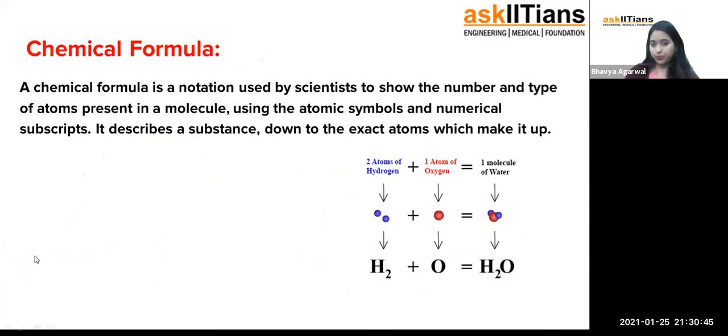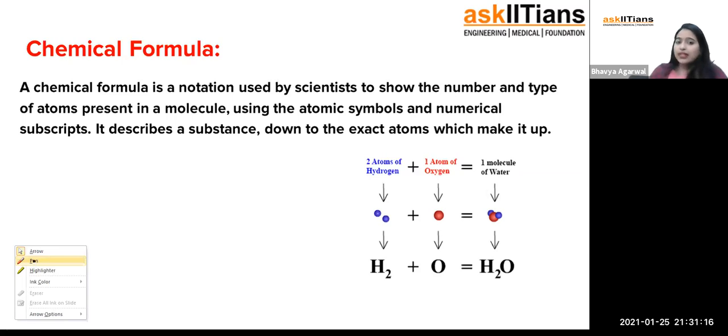See, how to use that we'll be understanding in a while. But let's first talk about what do we mean by the term chemical formula. Chemical formula is the number and the type of atoms present in a molecule, to show the number and the type.